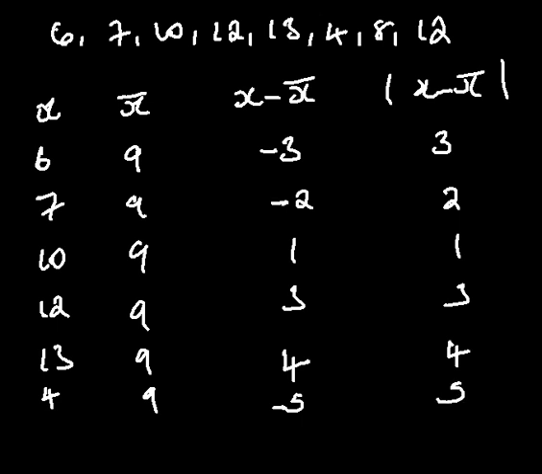We have it as 5. And we have 8, and 8 minus 9 is -1, and the absolute value is +1. So by the way, absolute value is the same as the positive value. Then we have 12. So 12 minus 9 should be 3 as well. And what is its absolute value? We have it as 3.